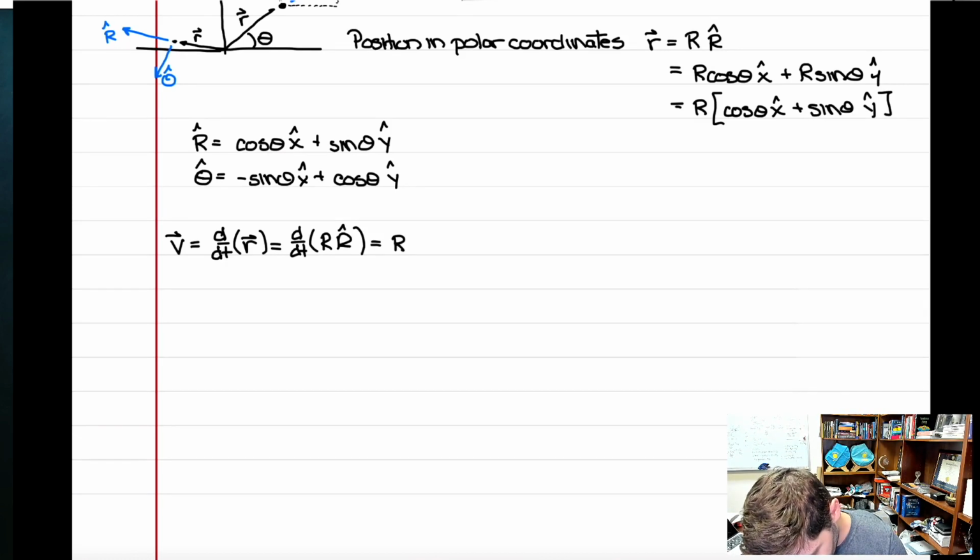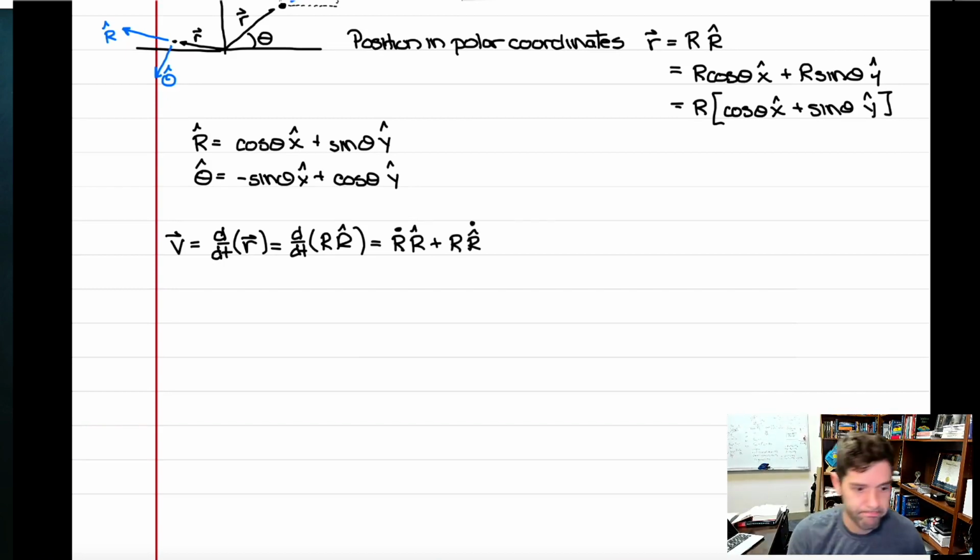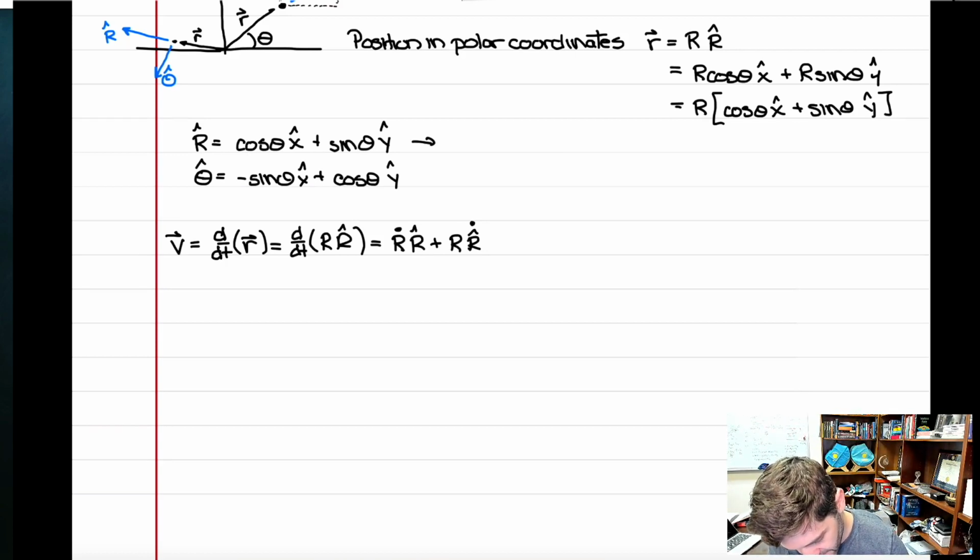This looks like r dot in the r hat direction plus r times r hat dot. Before, when it was Cartesian, x hat dot, y hat dot, all those were just zero. Now we can't say that. We could go back up here and calculate the time derivative of this unit vector. Time derivative again. Important to remember.